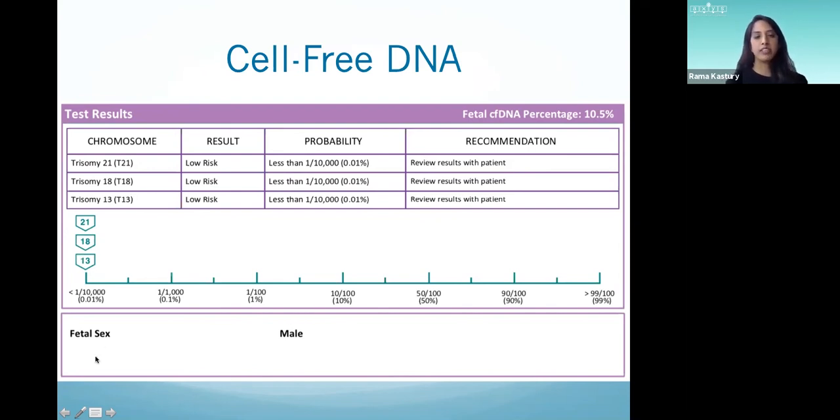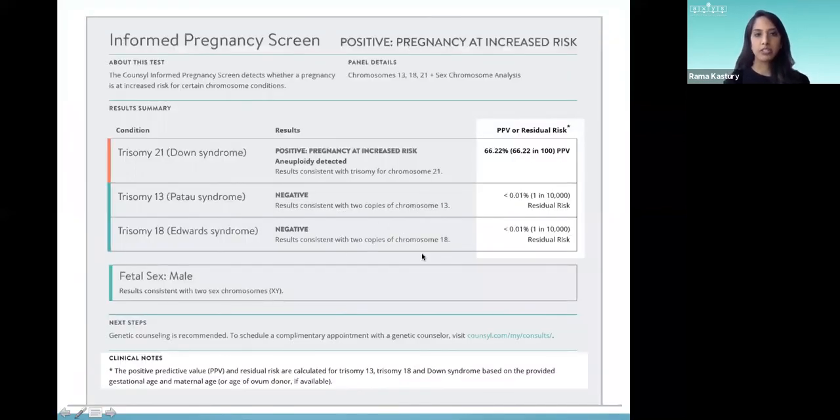This lab just happens to report the sex chromosomes as either male or female. This lab actually reports the sex chromosomes as also male, but then they specify results consistent with two sex chromosomes, X and Y. And then they do also mention the positive predictive values in more detail as you flip through the report.